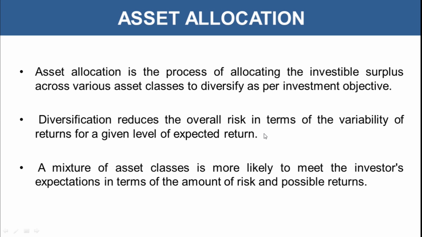When the gold and the debt instruments are not performing well, the equity might be shooting up. So diversification becomes important to reduce the risk, as different asset classes perform during different phases of the economy. A mixture of asset classes is more likely to meet the investor's expectation in terms of amount of risk and possible return.